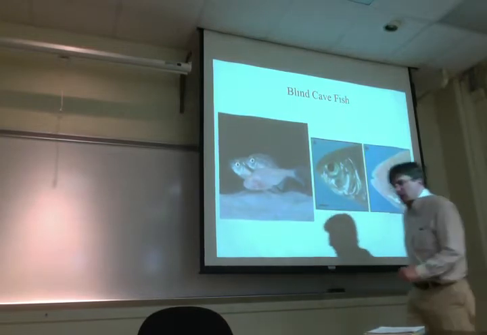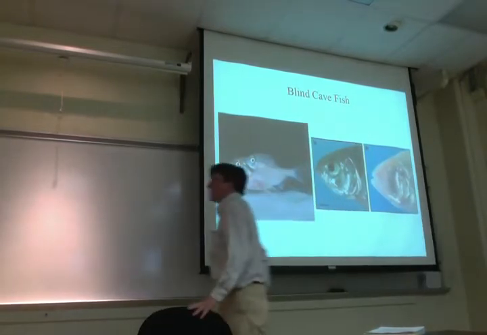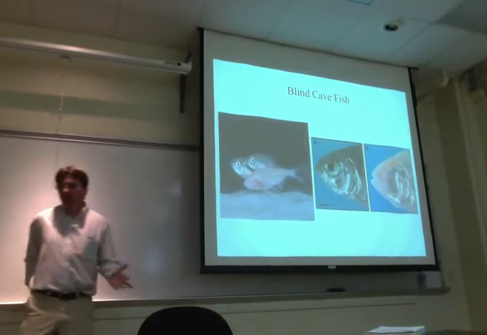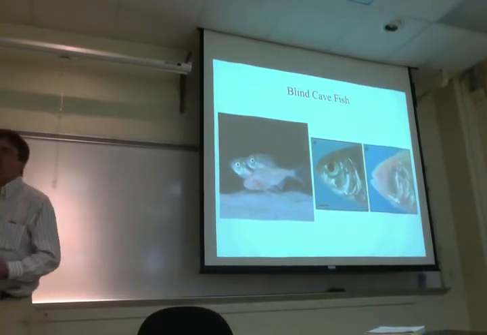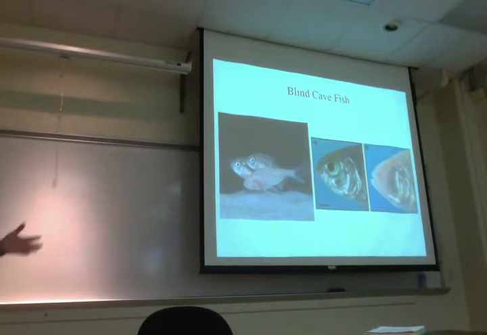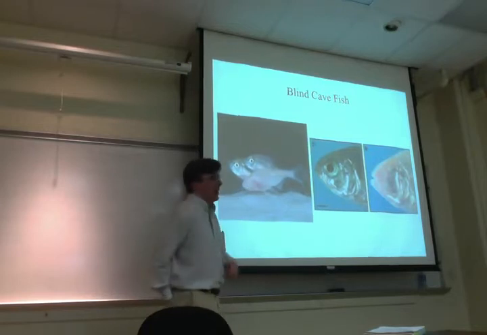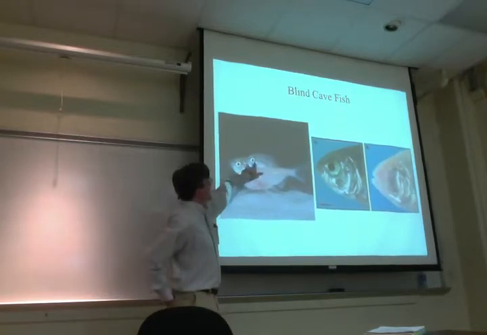All right, so I'd like to end by talking about a couple of other examples of studies in Evo Devo where people have looked at how evolution has generated differences in organisms. What we're looking at here are some fish, obviously, but there are 2 different types of fish. There are these guys here and this one here.